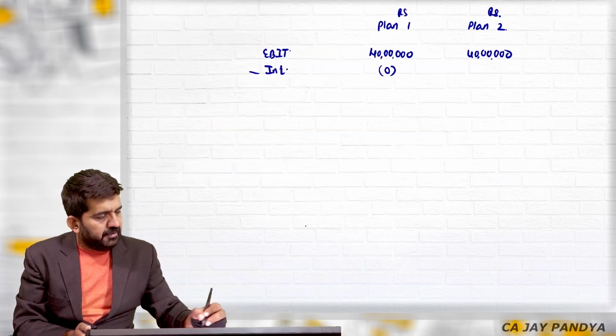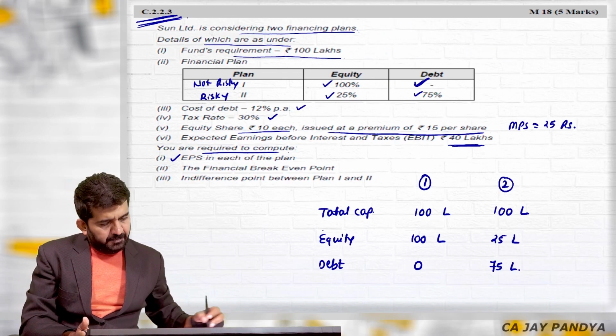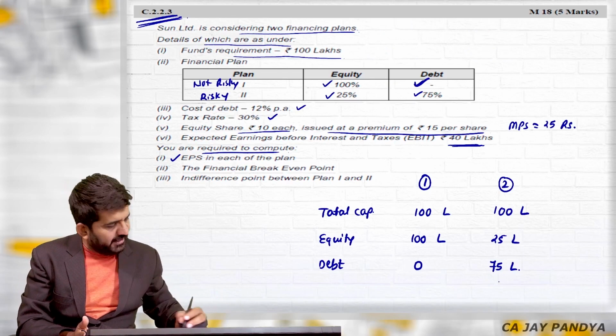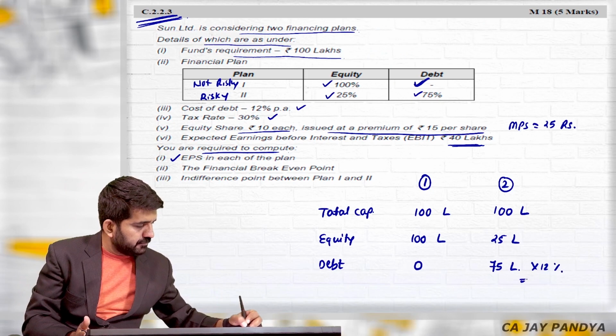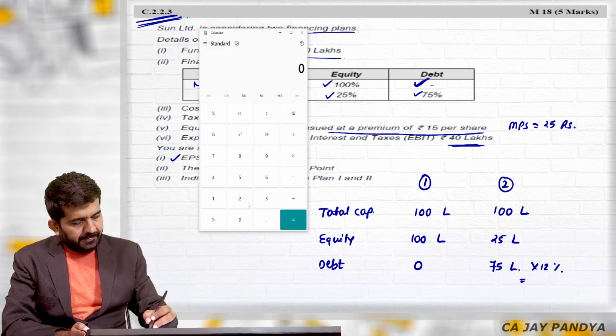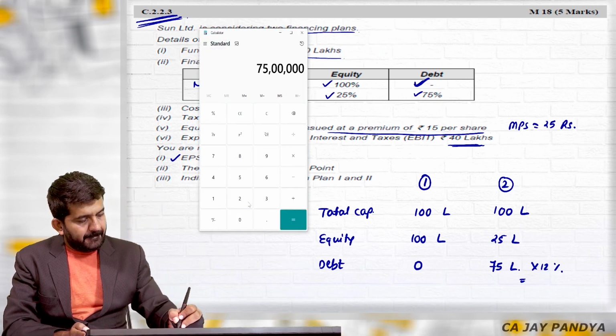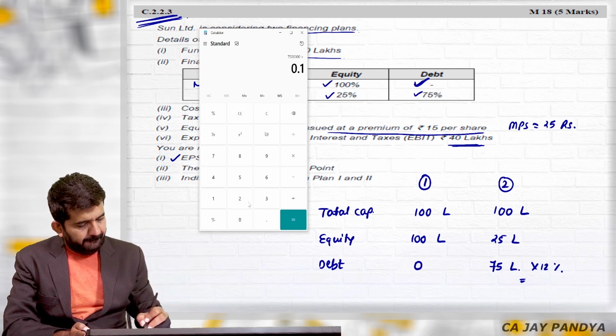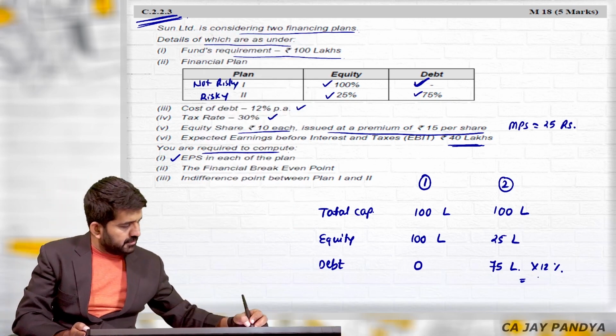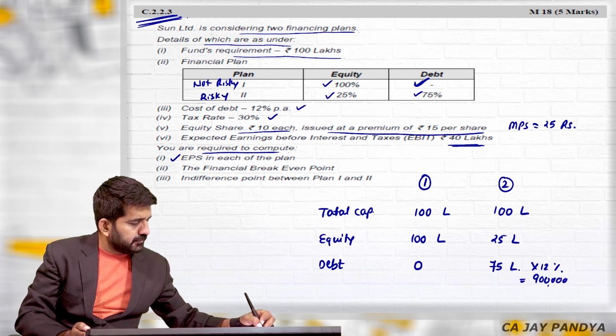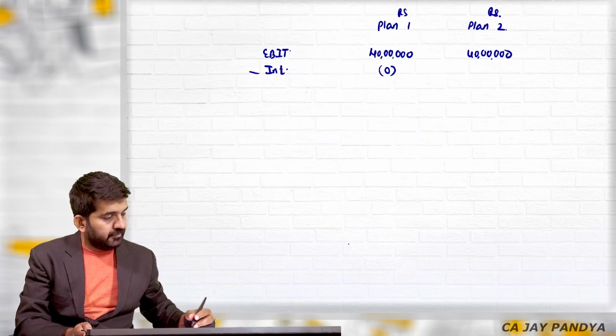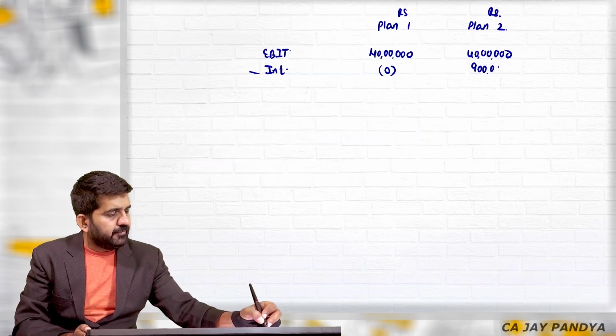Interest in plan 1 will be 0. In plan 2, it will be 75 lakhs into 12%, which is 9 lakhs. Interest will be 9 lakh rupees.